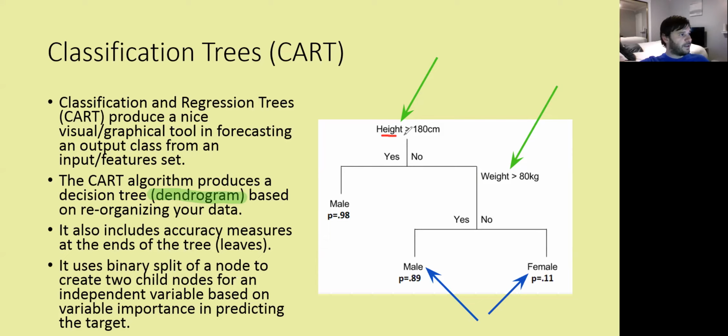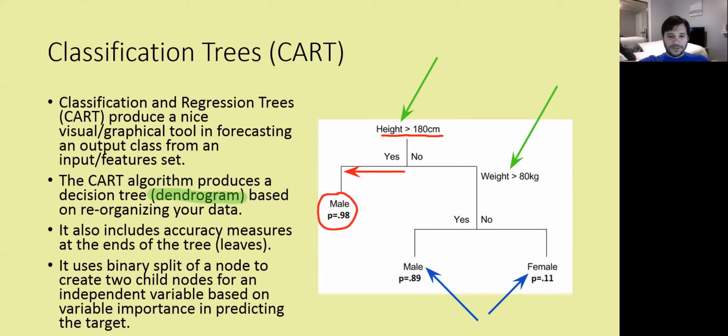So if the height is greater than 180 centimeters, meaning if you are sufficiently tall, and the answer is yes, then the model is going to predict here that you are a male with 98% probability.